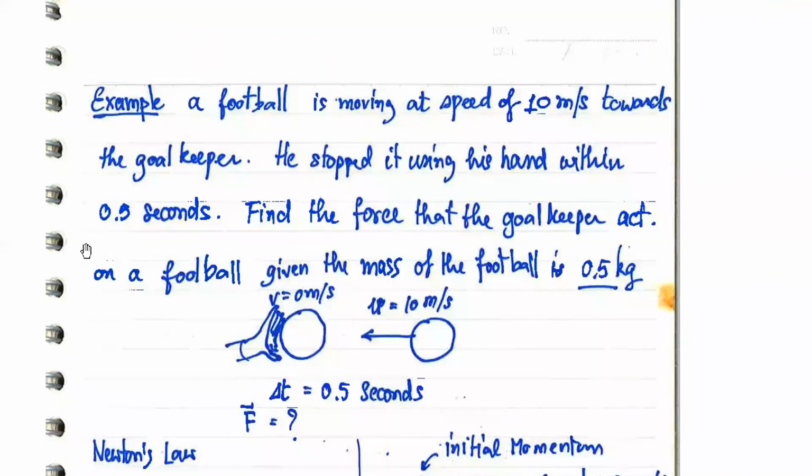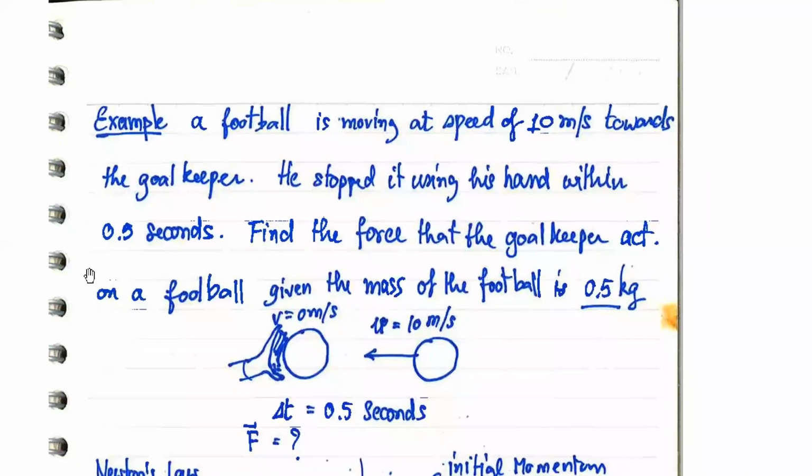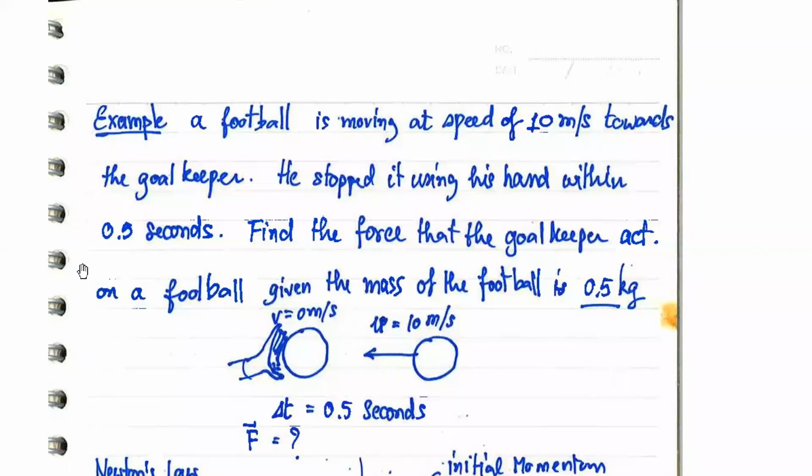Okay, so let's talk about an example for this. We're talking about football, or, well, if you say it in American terms, soccer. A football or a soccer ball is moving at the speed of 10 meters per second towards the goalkeeper.